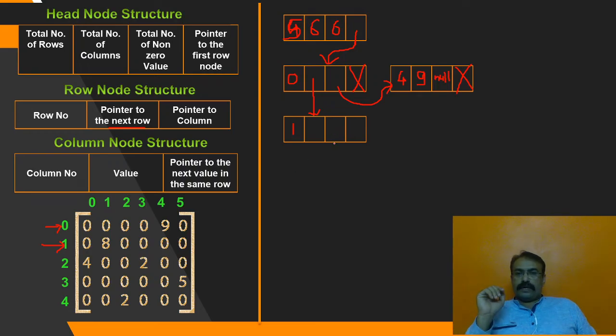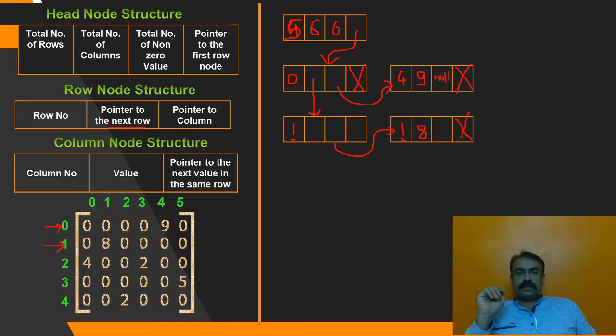Okay, and now we will have the column nodes for that row. So column nodes will be, see here, this is the first row, first column, and it is storing the value 8.